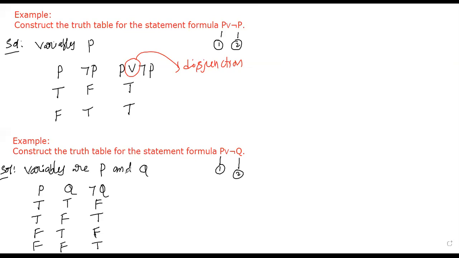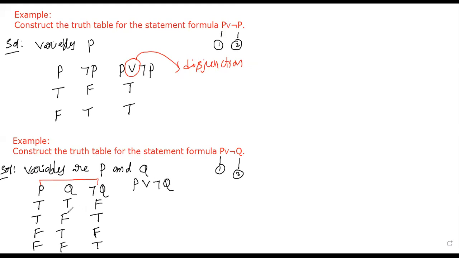Are you understanding? Yes, sir. Now P we already know, and Q and negation Q also we already know. Now we have to join these two, P and negation Q. Join means disjunction, P disjunction negation Q. Just recall the disjunction table. What is the disjunction table?